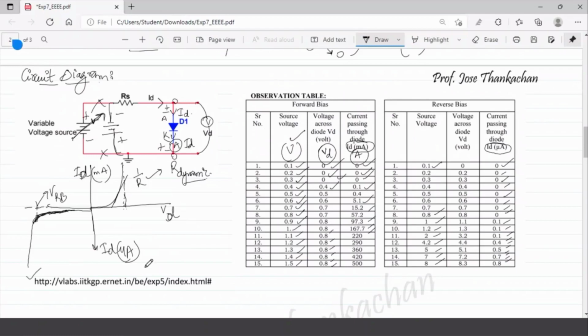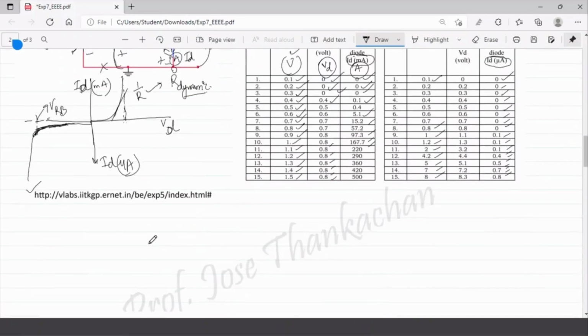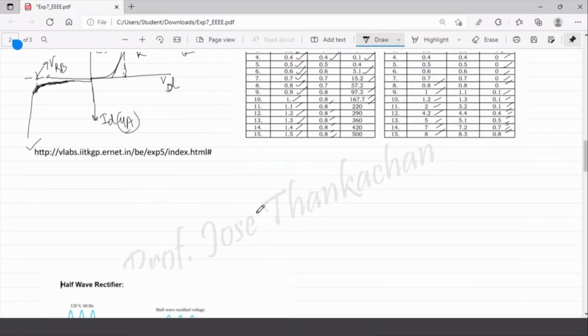I can't copy it right now because it is completely written here, so you can take a snapshot of this and visit this website and do the simulation online also. It is a way of understanding it on an online platform in virtual labs. Fine. So that is A part of your experiment.